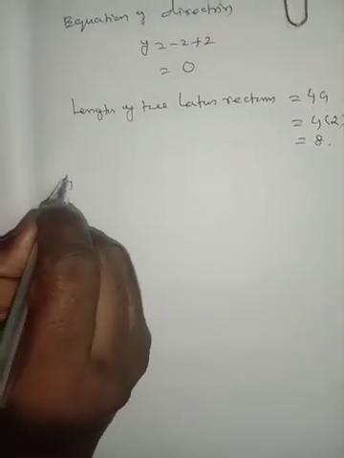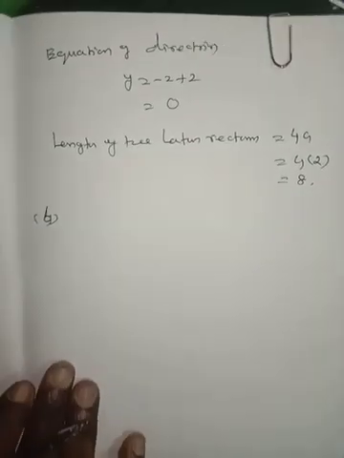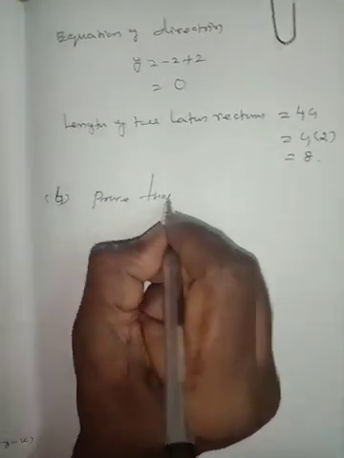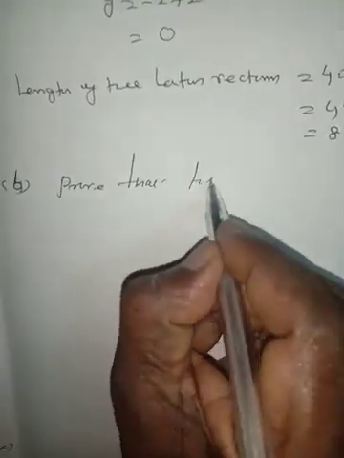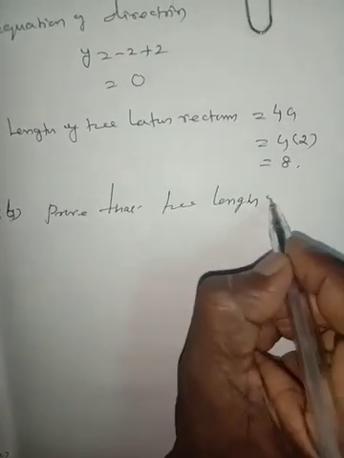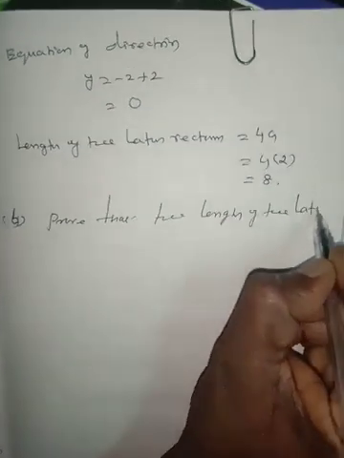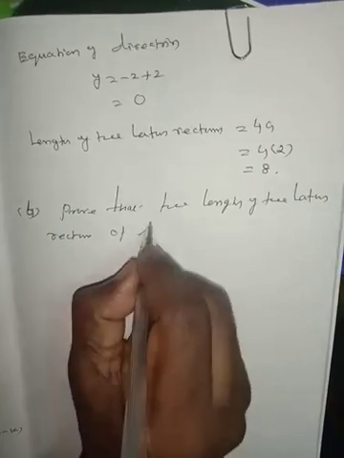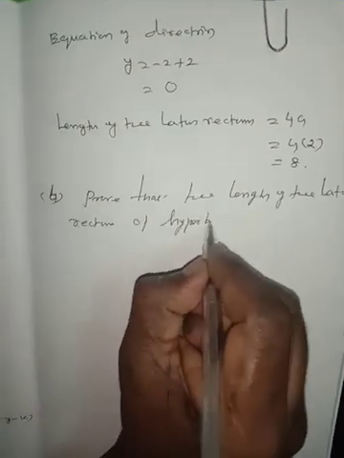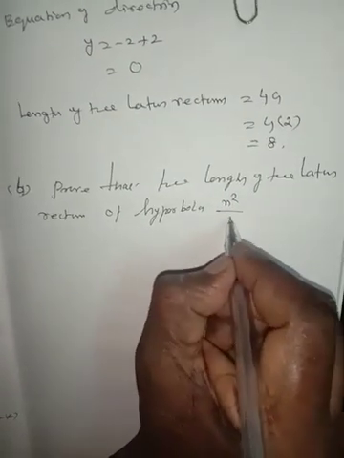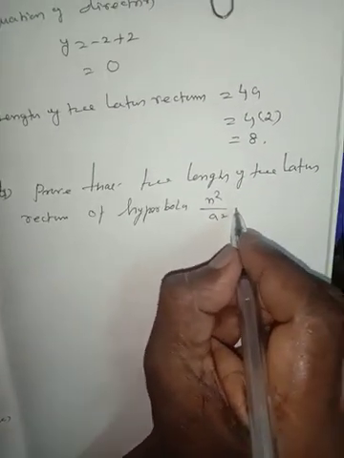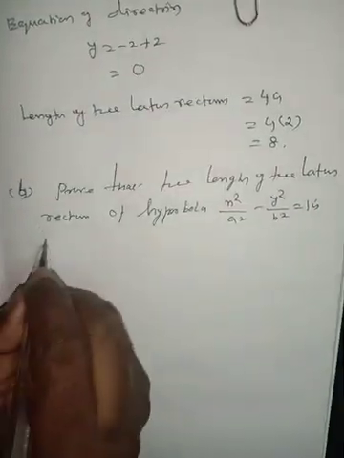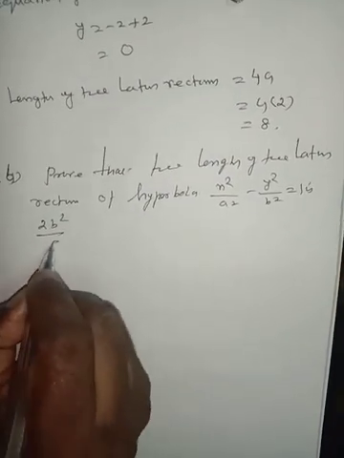Show that the length of the latus rectum of the hyperbola x square by a square minus y square by b square is equal to 1 is 2b square divided by a.